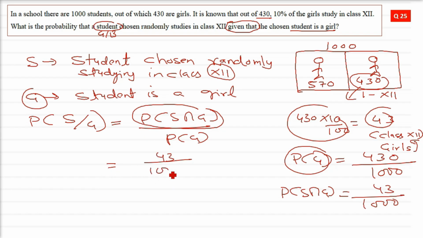So P(S intersection G) is 43 by 1000, which is the girl, and girl also in class 12, and then choosing a girl from all the 1000, which is the P(G), having a girl from 1000 possibilities. So in all it will be 430 divided by 1000. So when you divide them, it will be 1 by 10. The required probability is 1 by 10.